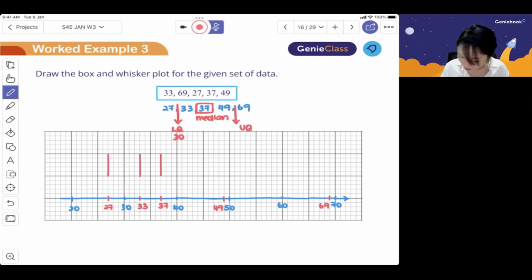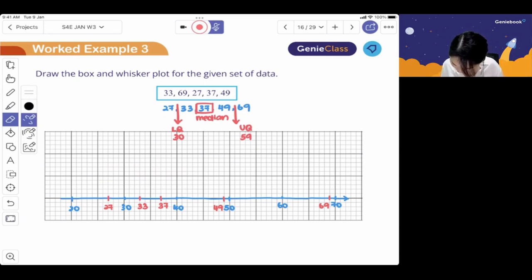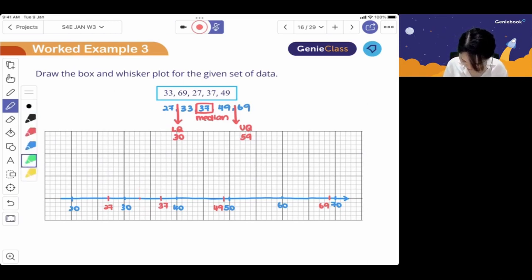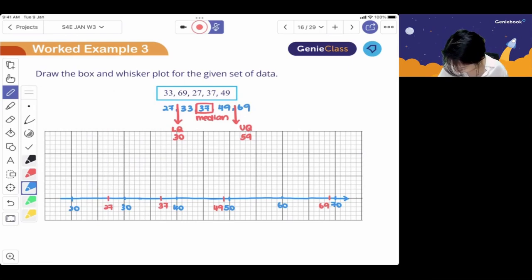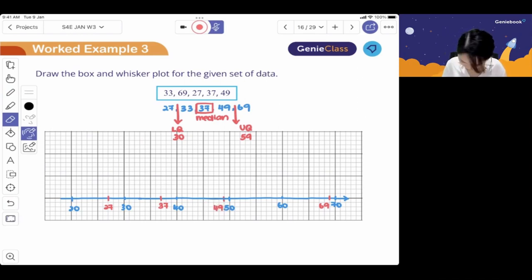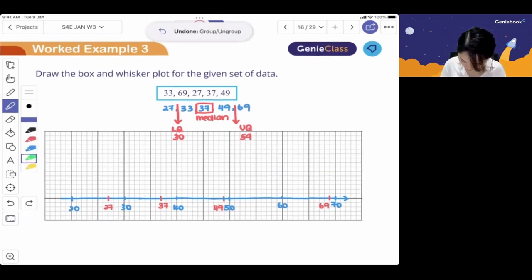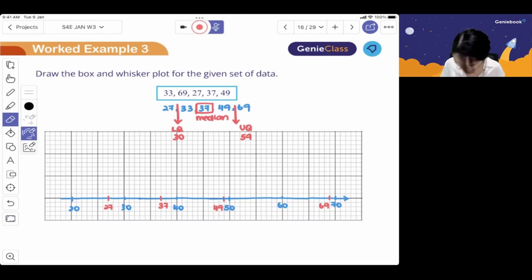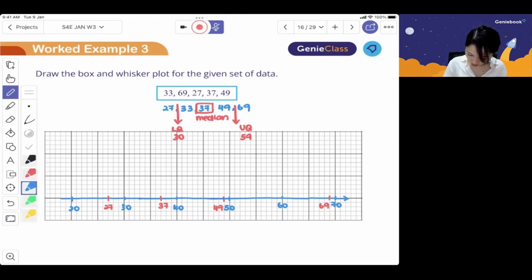Upper quartile, what was it? 59. So sorry, we need to find the proper values. So this shouldn't be here. This also shouldn't be here. Why cannot erase? Okay, let's ignore that.